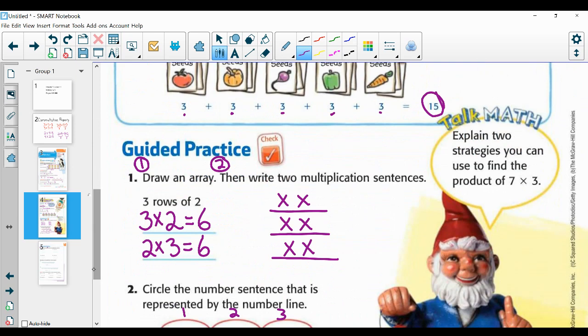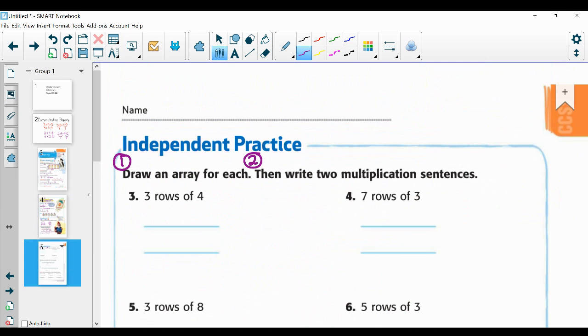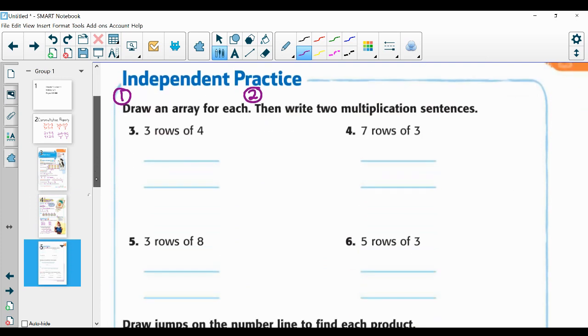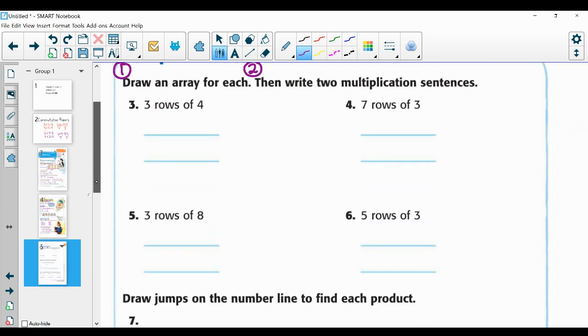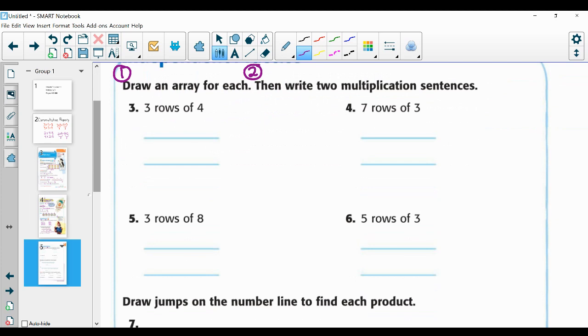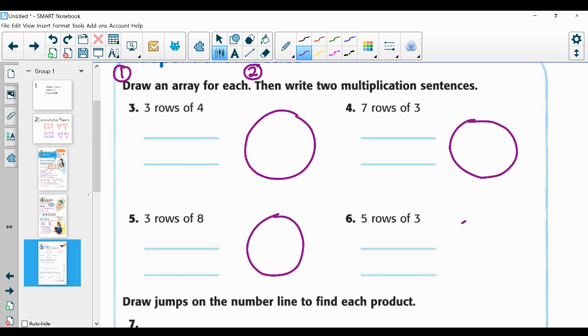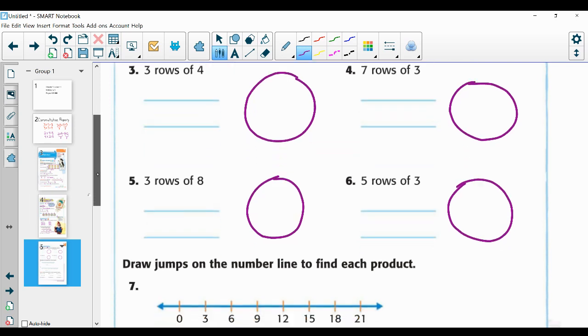So you will do 4 of those on here. 3, 4, 5, and 6 is like number 1 on the guided practice. Make sure you draw your array in this space here for each one. That's where your array goes. Don't draw the circles. Circles are not arrays. And then write your number sentences.